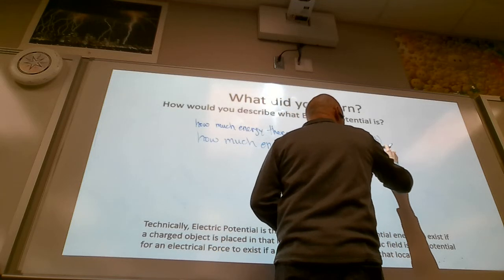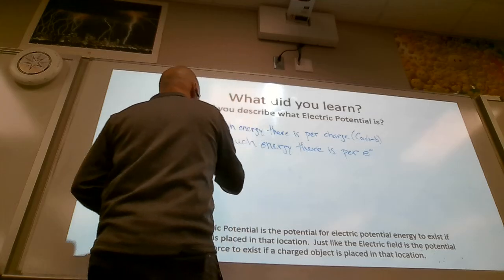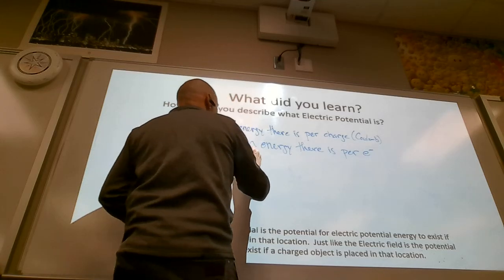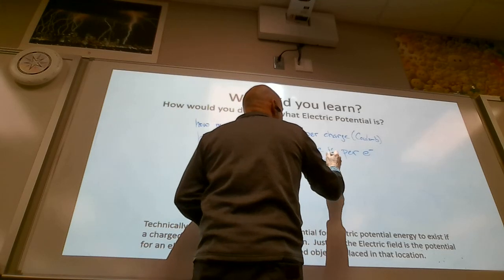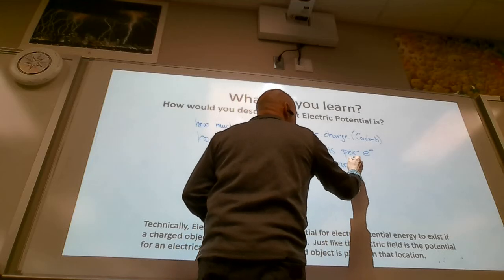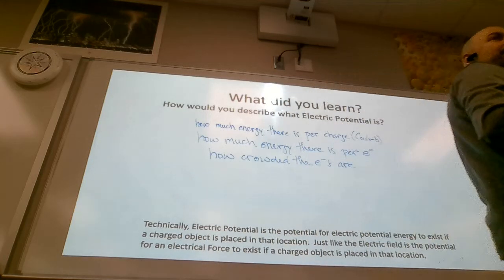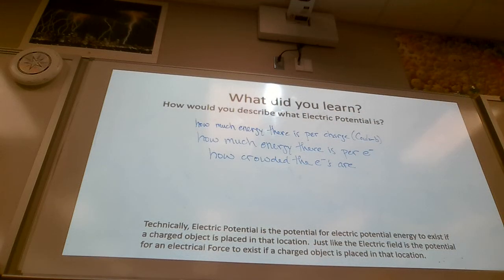And the way that that's gonna be depicted is how crowded the electrons are. The more crowded the electrons are, the higher how much energy per electron there is. You okay with that?